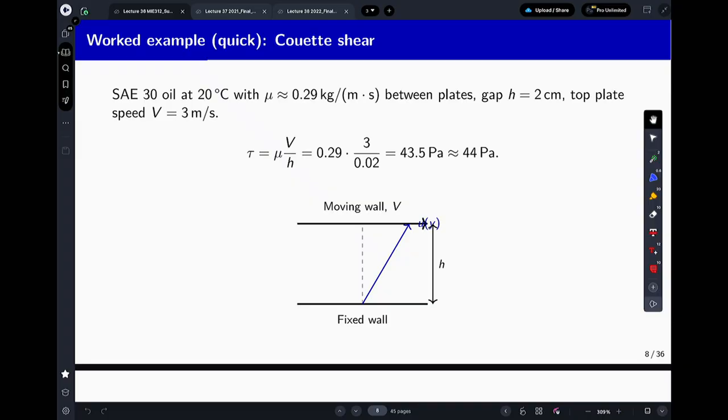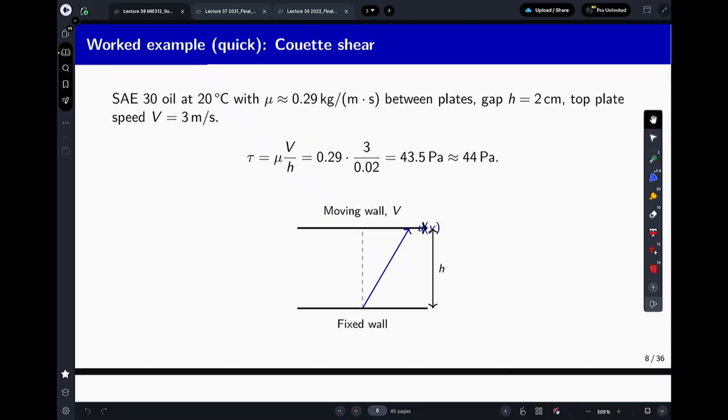So, for example, you have a case. That jumble at the top is me playing with graphics on LaTeX. I need to fix that later.